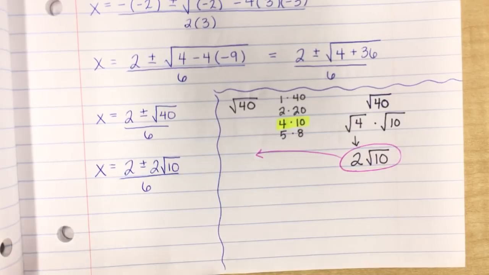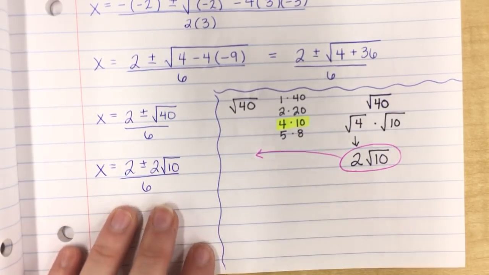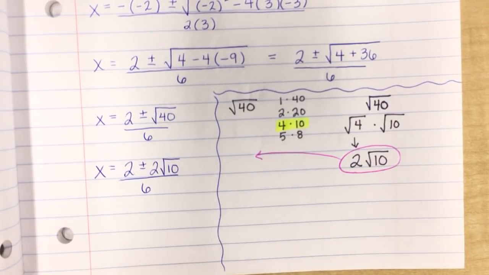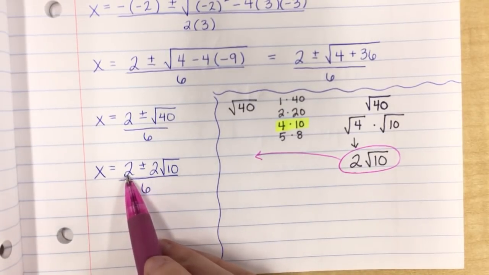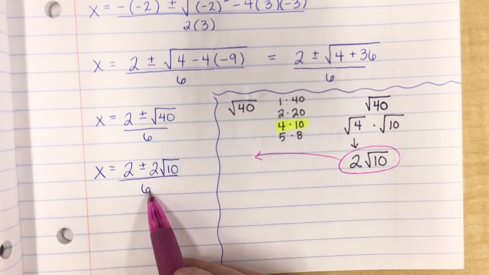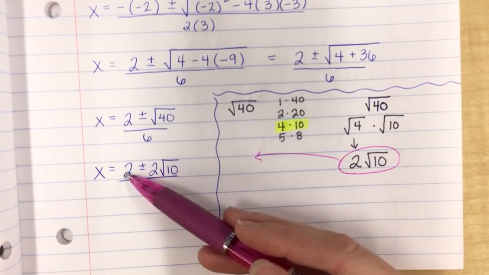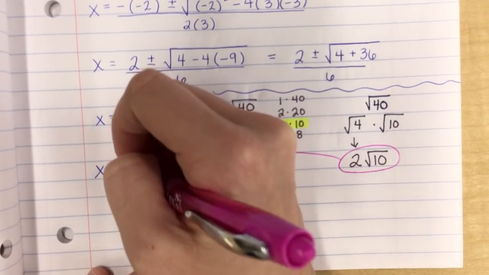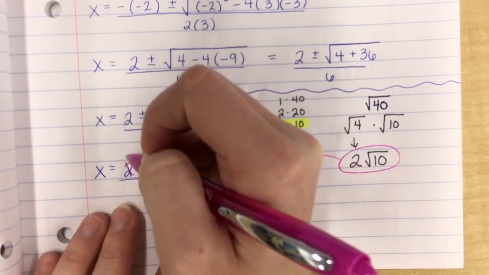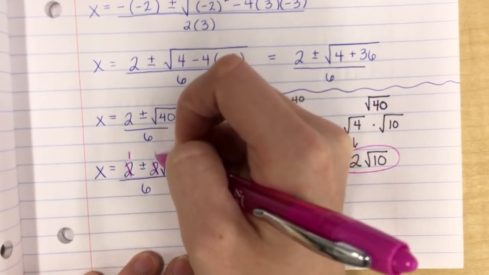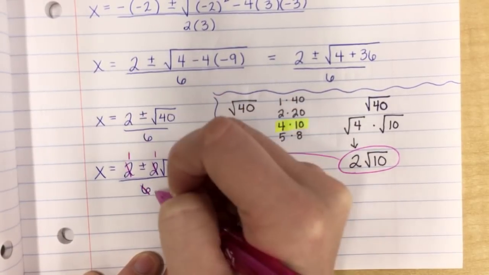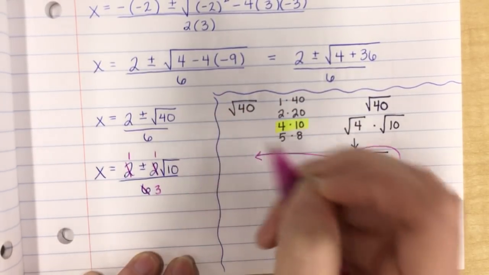Now we notice here that all the numbers that are on the outside of the radical have something in common with each other. This one is a 2, this one's a 2, and this one is a 6, which means that we can simplify this down even further. Everything can be divided by 2 in order to simplify this. 2 divided by 2 is 1, 2 divided by 2 is 1, and 6 divided by 2 is 3.